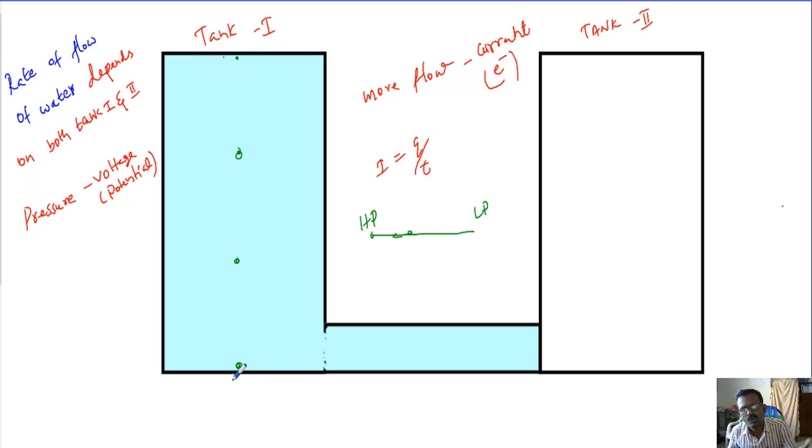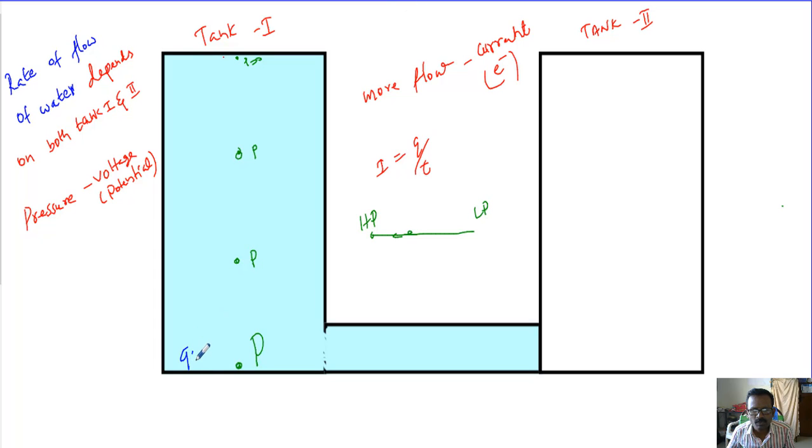This point has the water tank. If you keep a hand at this point, it will have more pressure. At this point, pressure will be a little less, and at this point zero pressure.